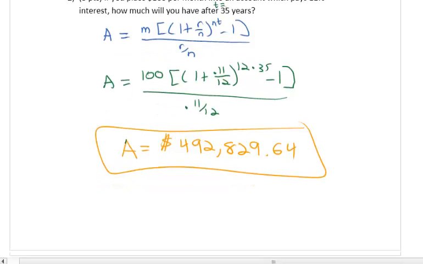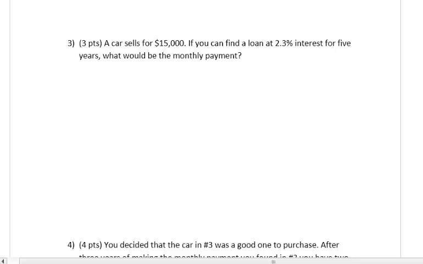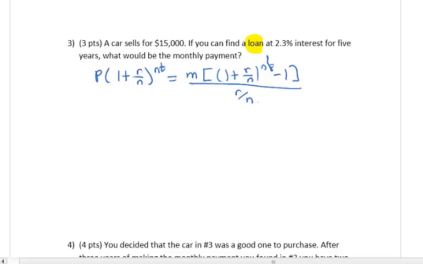Problem number 3 then took a look at the other type of problem. This is a loan problem, which means it is going to be the P times 1 plus r over n to the nt equals the regular payment times 1 plus r over n to the nt minus 1 all over r over n.